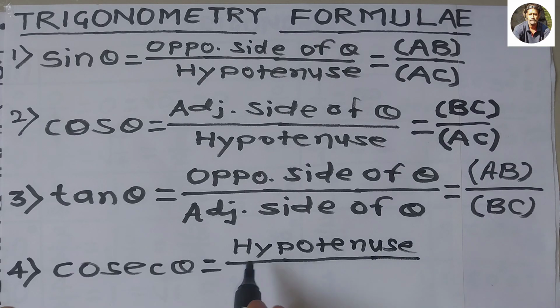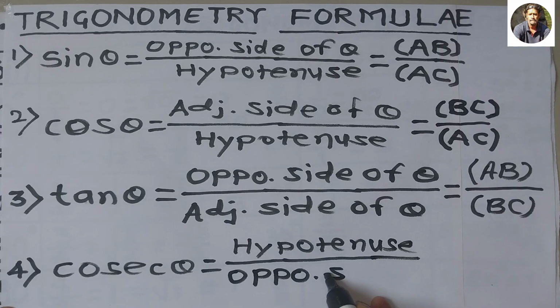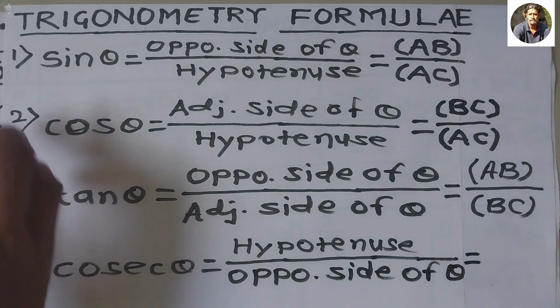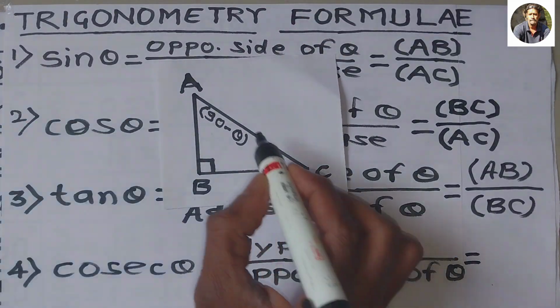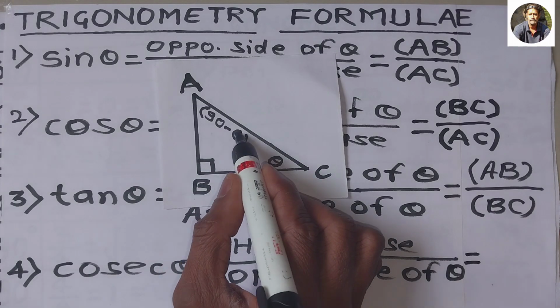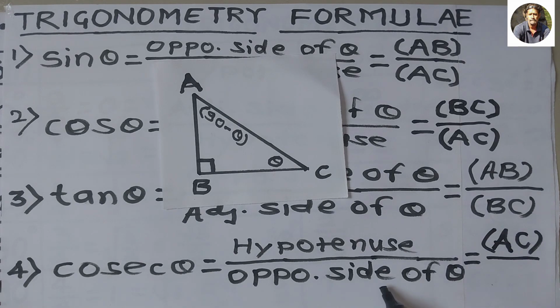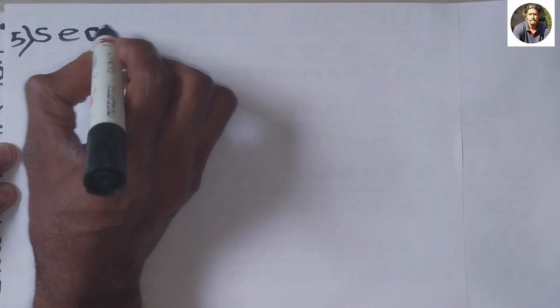Hypotenuse upon opposite side of theta is equal to, now here look this, hypotenuse opposite side of right angle, that is AC, upon opposite side of theta, that is AB. That is our fourth trigonometric ratio.